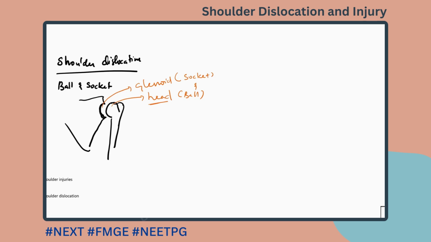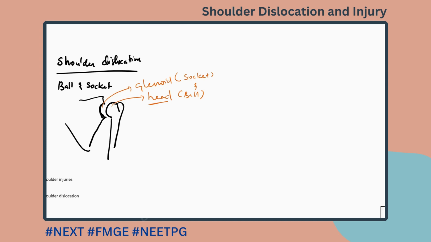Can anyone tell me any other example of a ball and socket joint? The hip. So the hip joint is an example of a ball and socket joint. Now, what is the difference between the ball and socket joint of the hip and the shoulder? Take a bowl and keep a ball within the bowl, and take a cup and saucer plate and keep a ball over the saucer plate.